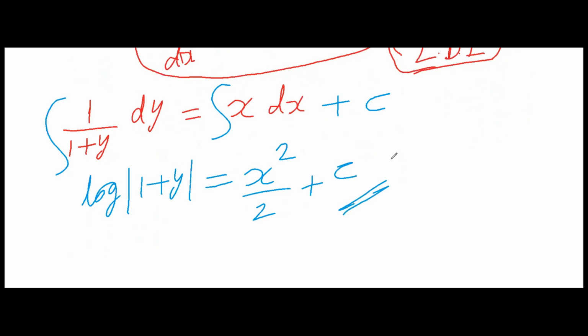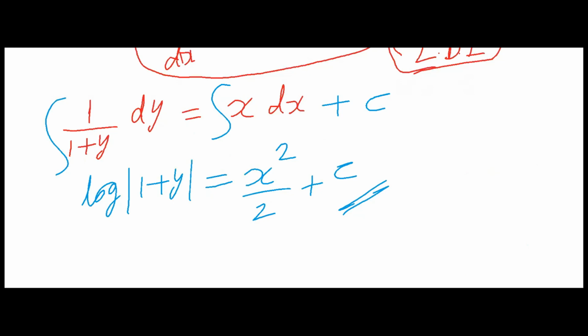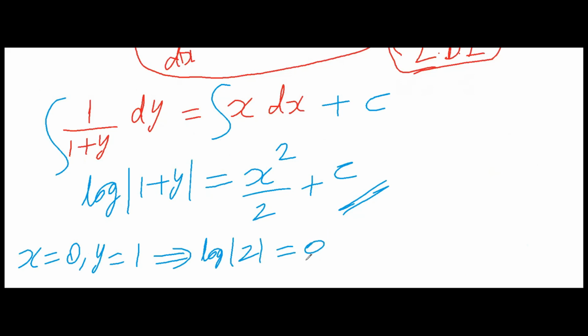This is my answer. But what is this answer? This is a general solution. They have given in the question that this particular curve passes through (0, 1). It means x is equal to 0 and y is equal to 1. If I substitute that, I should get log of 1 plus 1, that is log 2, is equal to 0 square upon 2, that is again 0, plus c.